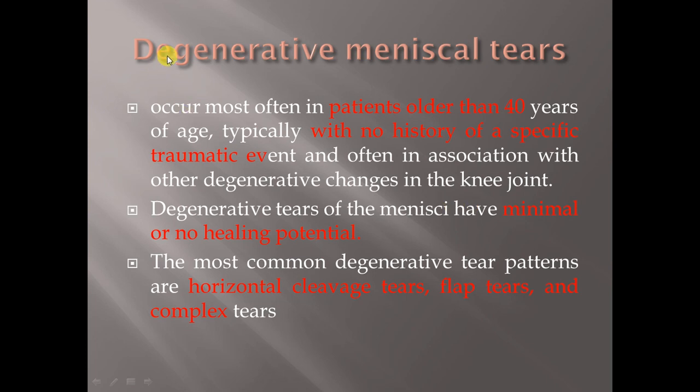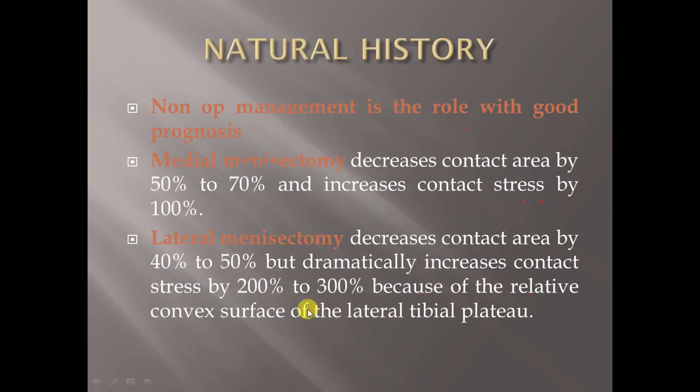Degenerative means non-traumatic, so usually there is no history of trauma. Usually it is in patients more than 40 years old, with minimal healing potential, and the tears are mostly horizontal, not longitudinal.